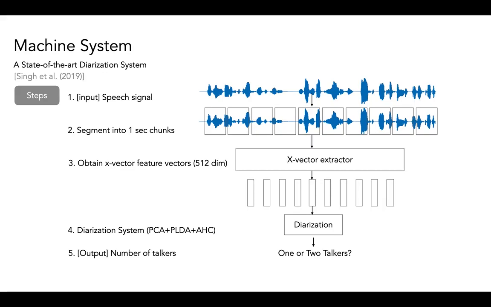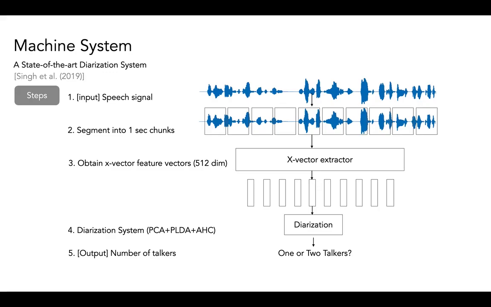Coming to the machine system implementation, we use an already existing diarization system for this task, and we adapt the output of the diarization system to detect the number of talkers in this speech signal. The system works as follows. The input is a speech signal. This is segmented into 1-second chunks, followed by extracting the x-vectors, each of dimension 512.